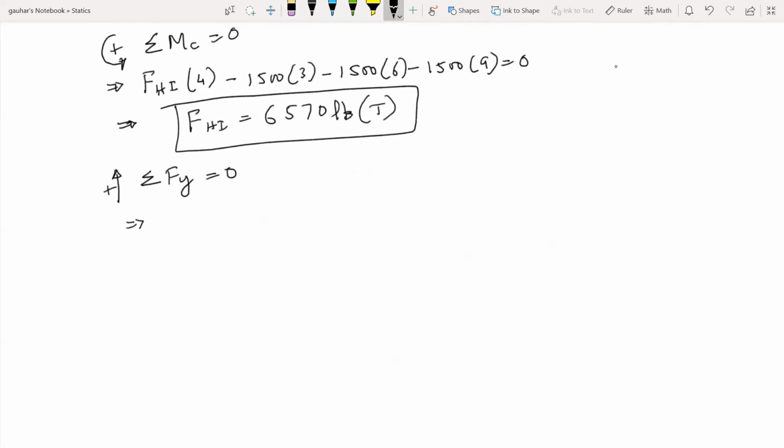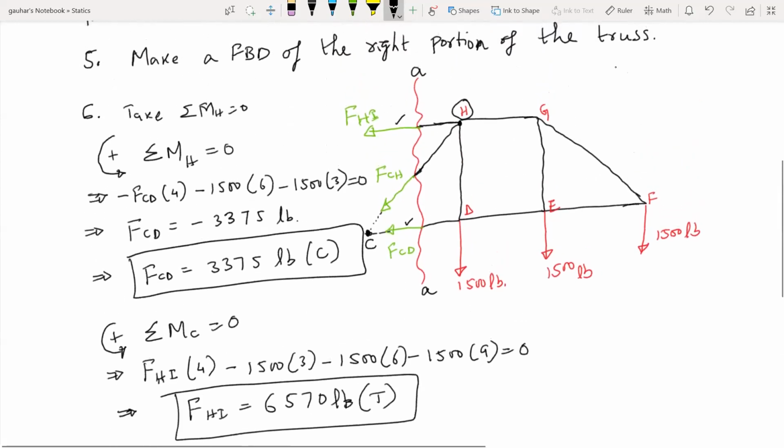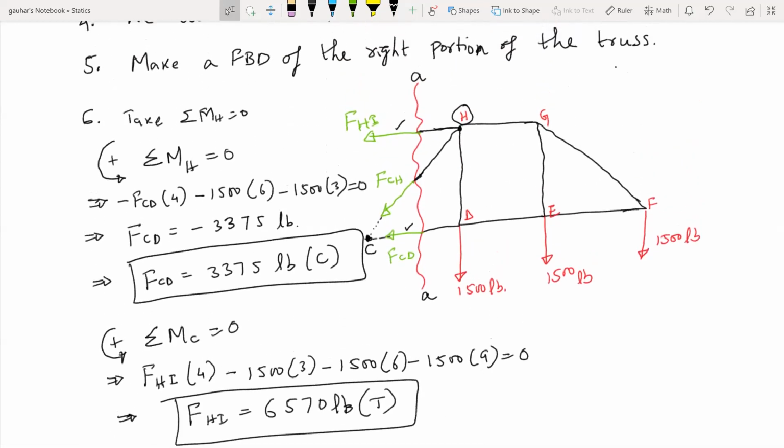And from here, what we get, negative FCH times 4 by 5. So this is the Y component, because we have this triangle ratio here, 3, 4, 5. You can get this triangle ratio from the dimensions given for the truss, right?